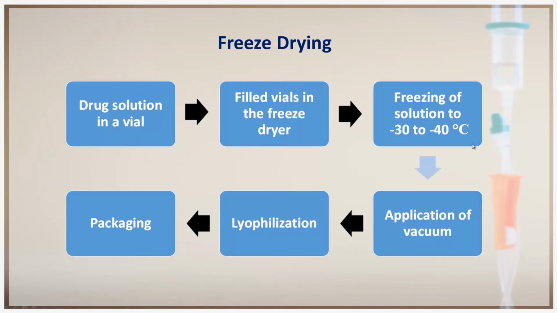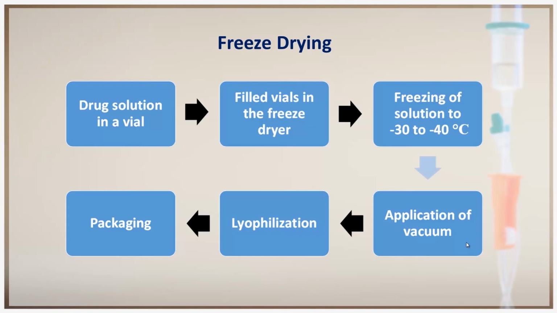Now moving to freeze drying. A solution is filled into vials, a special slotted stopper is partially inserted into the neck of the vial, and trays of filled vials are transferred to the freeze dryer. There the solution is frozen by circulation of a fluid such as silicone oil at a temperature ranging between minus 35 degrees centigrade to minus 45 degrees centigrade through internal channels in the shelf assembly.